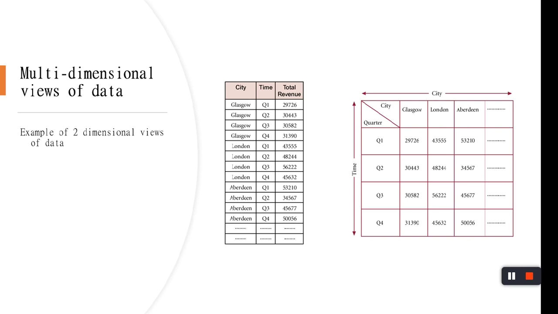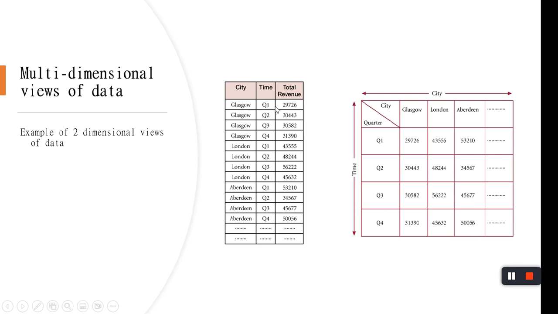Okay, so what do we mean by multi-dimensional views of data? So this is the usual presentation of the data that we see. This is an example of a two-dimensional view. It's like a normal table, right? So for example, we have here the city, and then time is for quarter one. For this city, we have these total revenues that we have earned coming from this city.